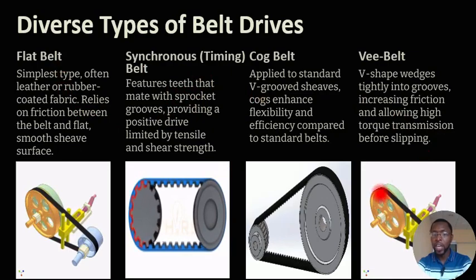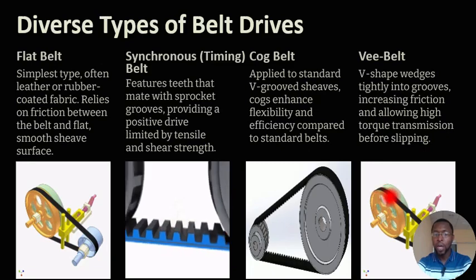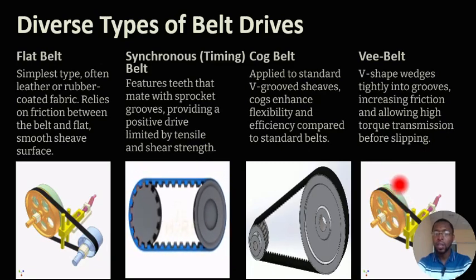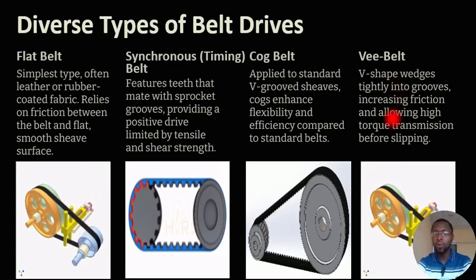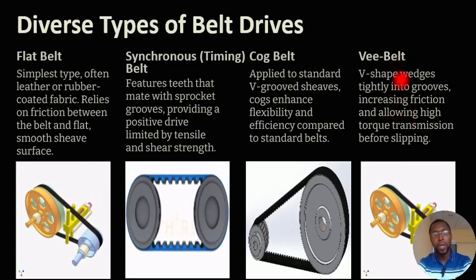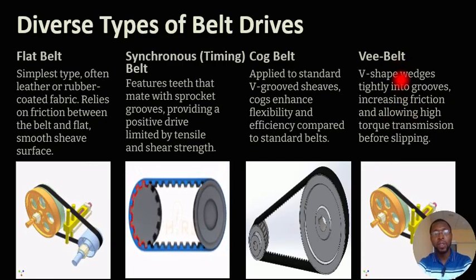All right, in as much as the two shafts, the rotating shafts, are in V shape, then we refer to that belt as V belt drive. So majorly, these are the four types of belt drive that we have.